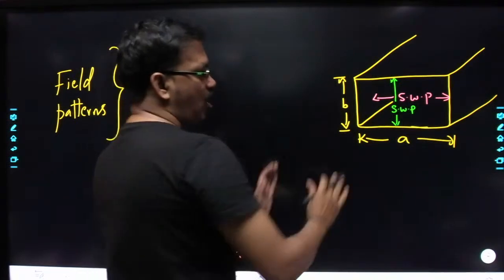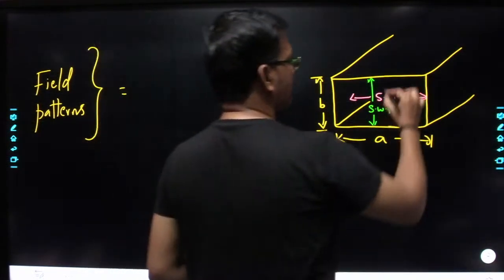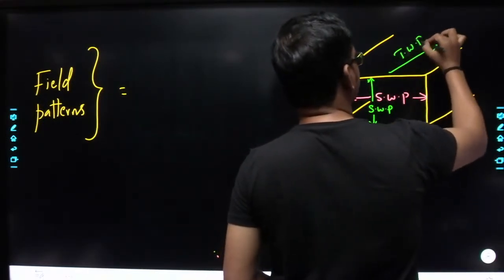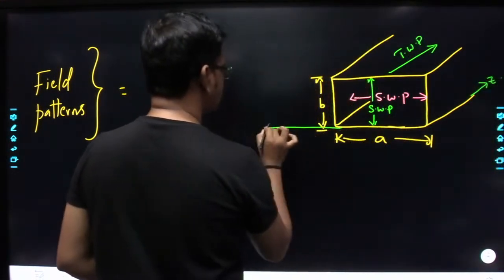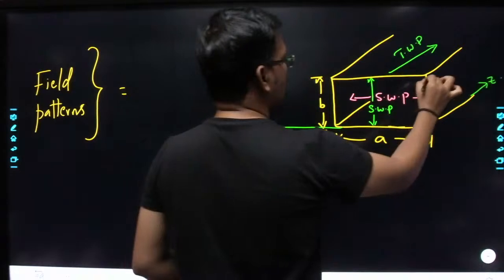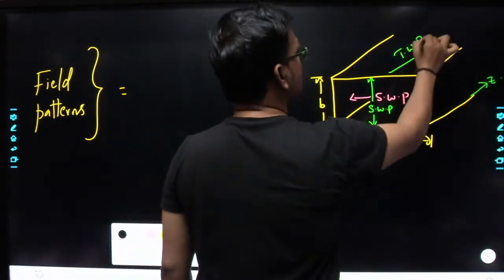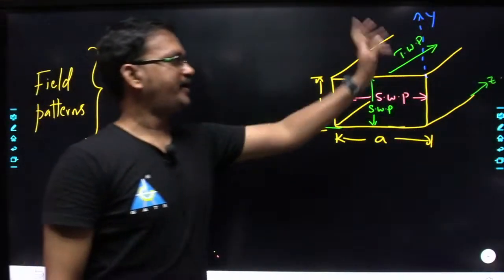And along the plates you must have the traveling wave pattern. The traveling wave pattern will be along the z direction. So this is the z direction, and I am considering this as x and this as y direction. Okay, x, y and z.